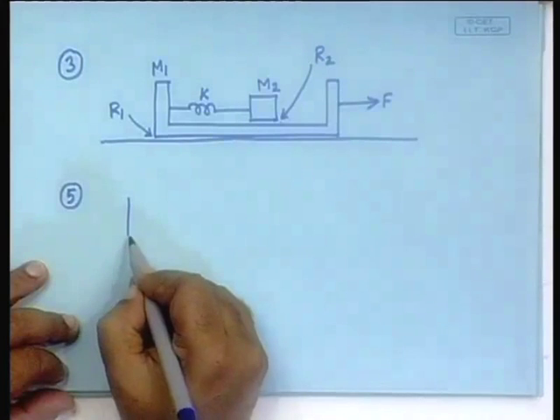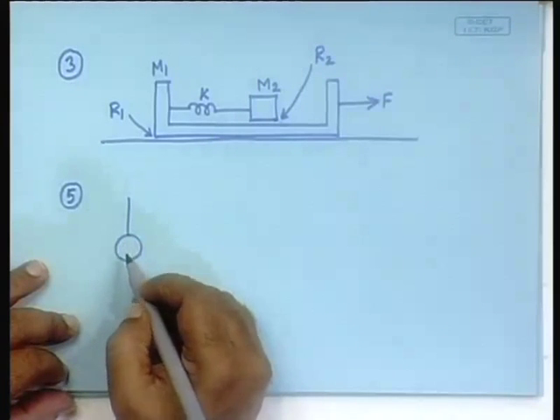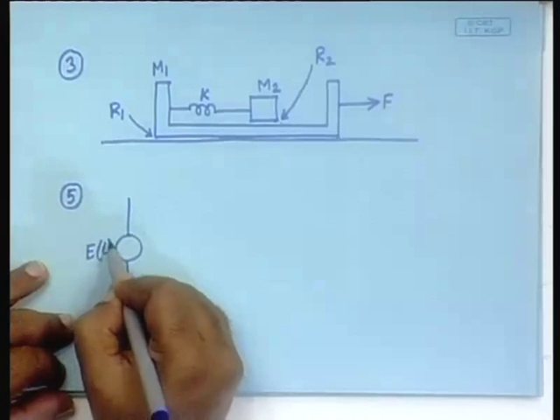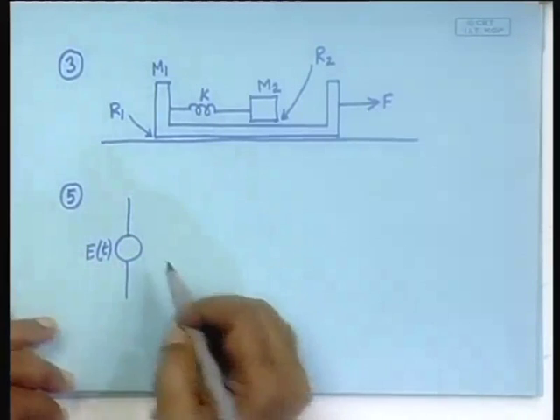So, remember that. So, you have some kind of a voltage source. So, that is E t, the signal which you want to be reproduced in sound.